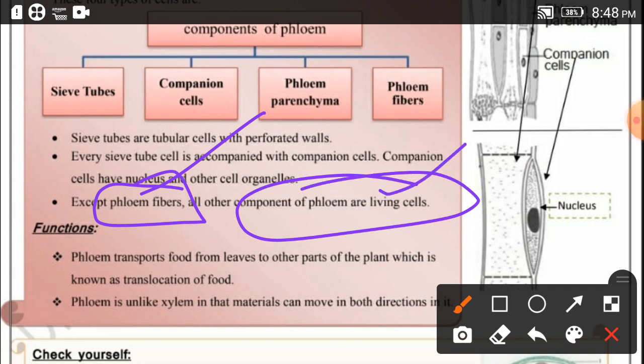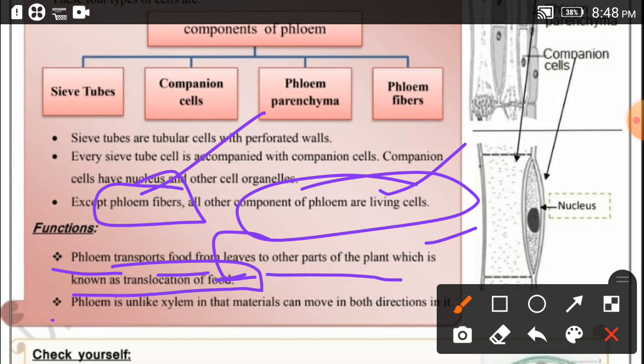So what are the functions of the phloem? Phloem transports food from leaves to other parts of the plant, which is known as translocation of food. Phloem is unlike xylem. Students, you know that xylem transports water and minerals in a single direction, that is in the upward direction from root to shoot. But the phloem can transport materials in both directions.